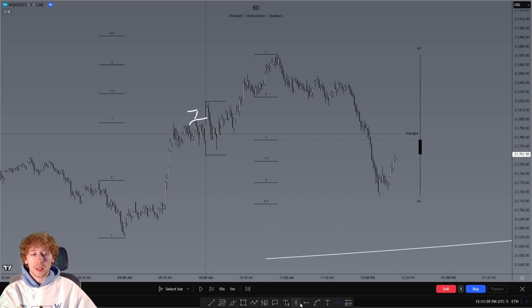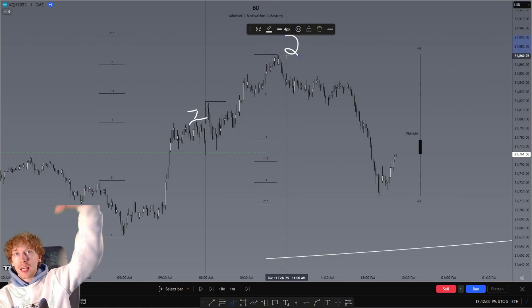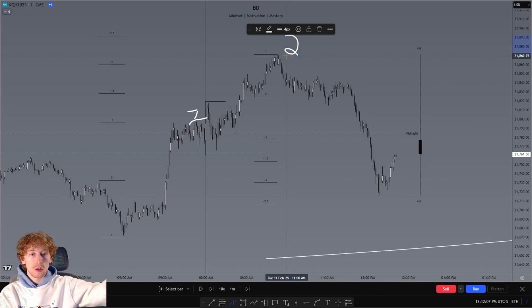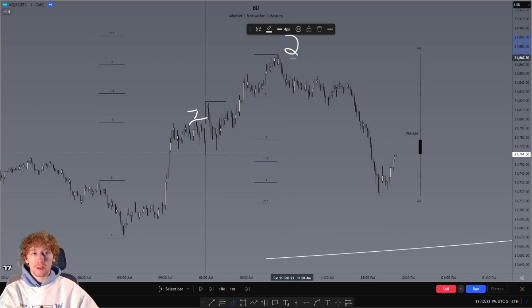So from here, I was thinking 1, 2, and this is where I sold out. I played the manipulation of this candle, okay? And you can do that, but you've got to remember it's not going to be the meat of the move. You're not always going to get the meat of the move, but that is typically what we are aiming for.